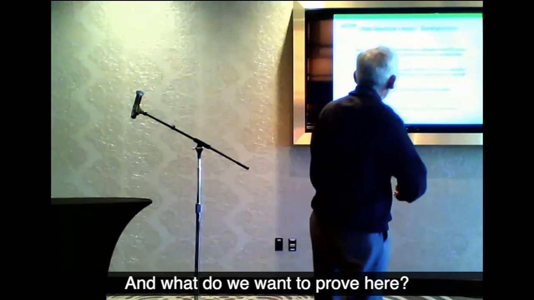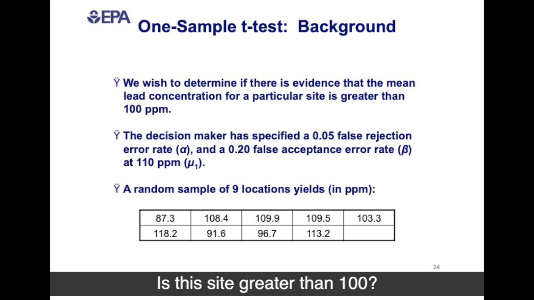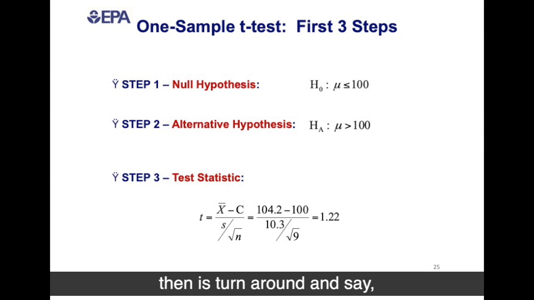And what do we want to prove here? Is this site greater than 100? Are we positive that it's greater? So what we're going to do is say the mean is less than or equal to 100, in other words, the site is okay. And the thing we want to prove, that it's bigger than 100, goes in your alternative.